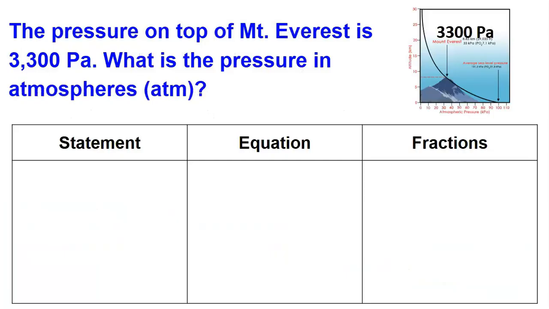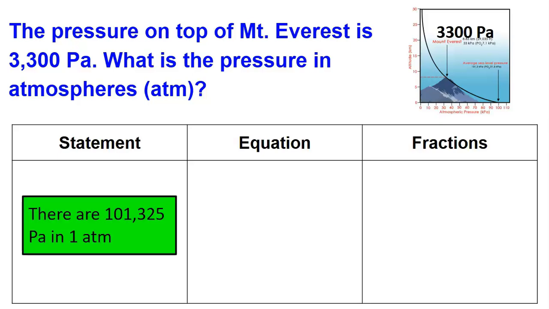The pressure on top of Mount Everest is 3,300 pascals. What is the pressure in atmospheres? Pascals and atmospheres are both units of pressure. To answer this question, we would want to know how many pascals are in an atmosphere. And the answer to that is that there are 101,325 pascals in one atmosphere. What would this look like as an equation and as fractions?